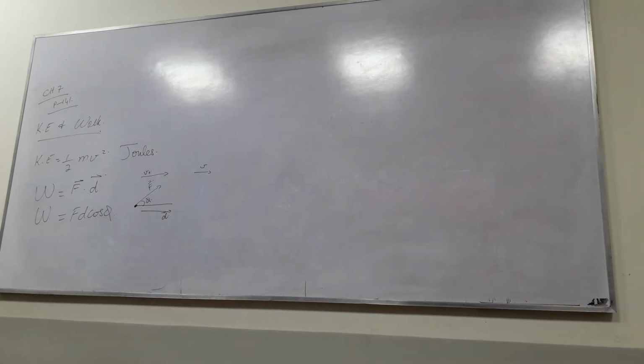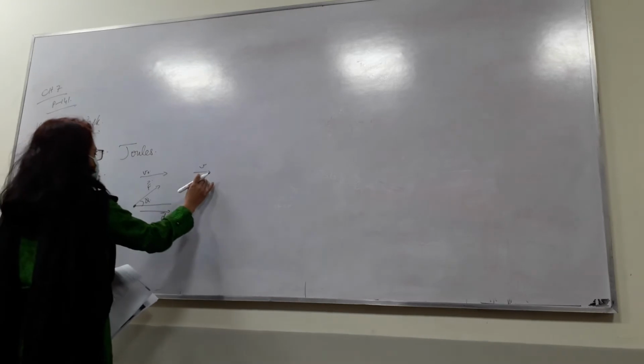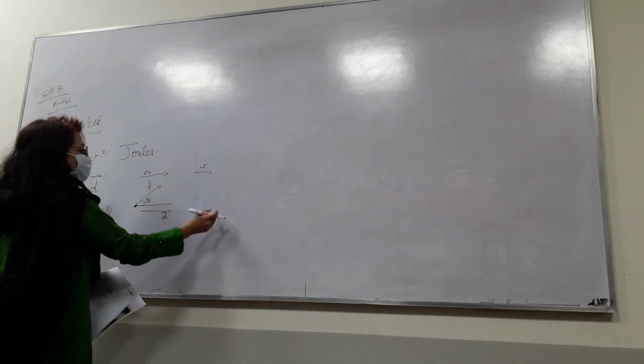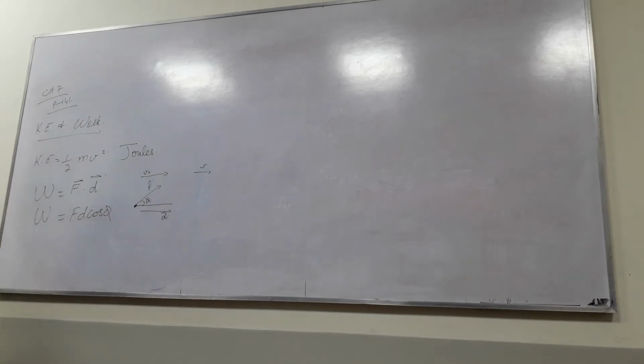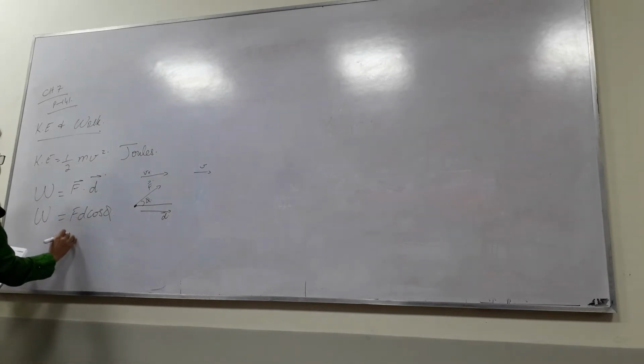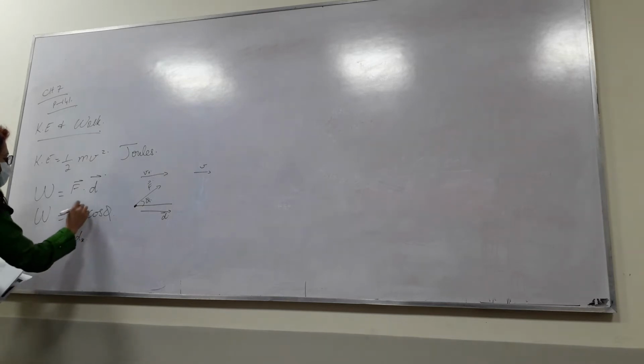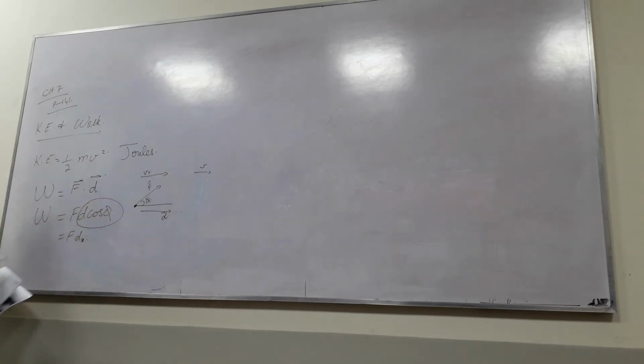Also you can see that if the velocity is increasing, then the final kinetic energy will be greater than the initial kinetic energy, since it is dependent on this. Also another way of writing this is F dx, because you know this quantity is the x component of the displacement.